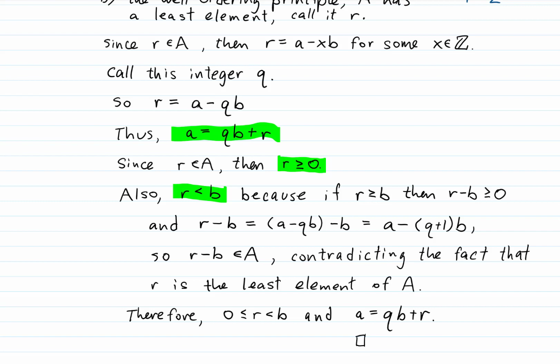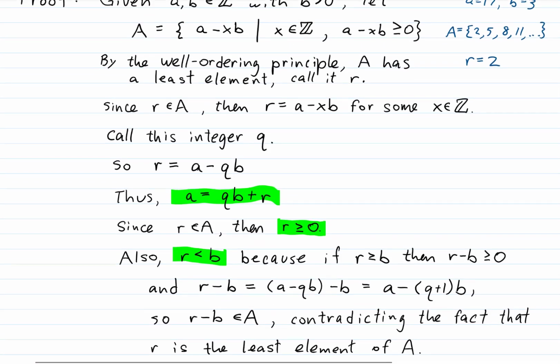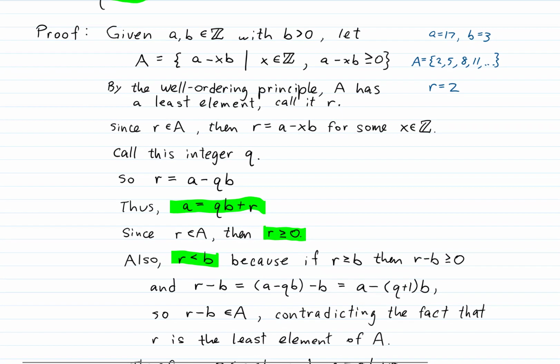By the way, in our example over there on the side, what's Q? A was 17 and B was 3. We got R as 2. What's Q in this case? How did we find Q? Look back at this.